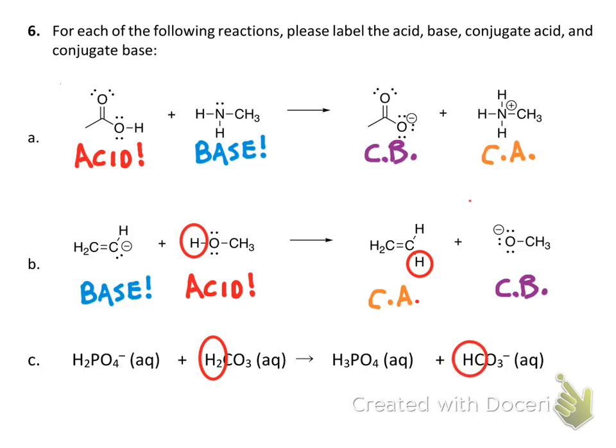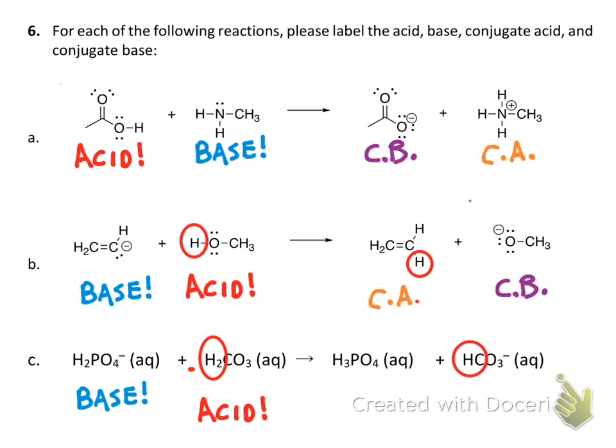So whatever started off with the proton that was moved, that's our acid. Whatever gained the proton, that is our base. Okay, so what are our conjugate acids and conjugate bases here?